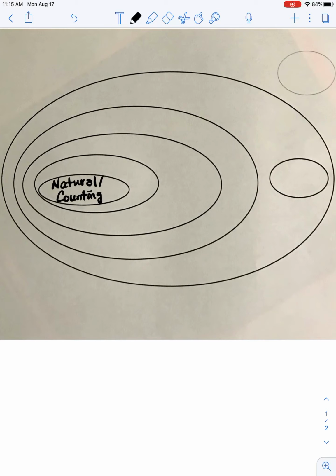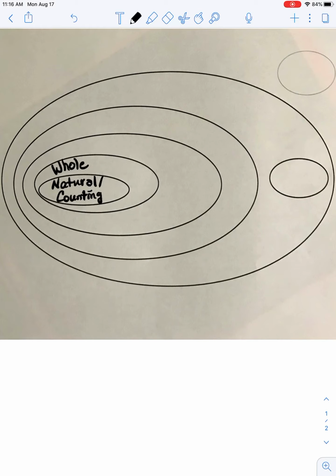Well, that was great. But one day, the shepherd couldn't find any of his sheep, and he didn't know how to communicate that. So to his natural or counting numbers, he added 0 to show that there were no sheep. And so we call those numbers whole numbers.